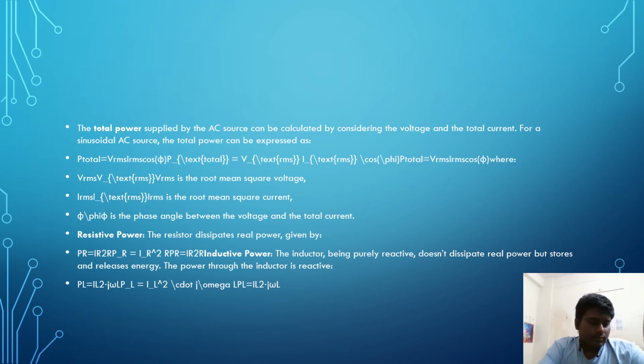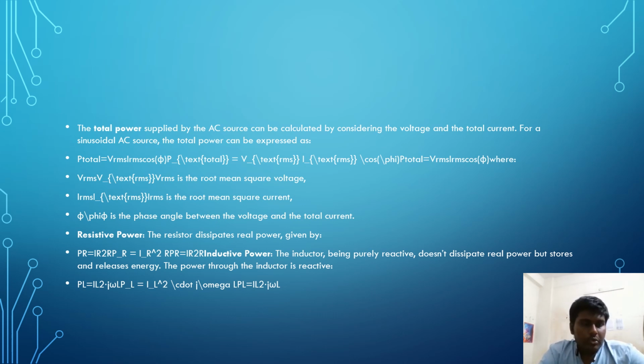Actually, it is nothing but an AC voltage source whose equation is V equals V naught into sine omega t, where V naught is the maximum voltage supplied by the AC source, omega is angular frequency, and t is any time.